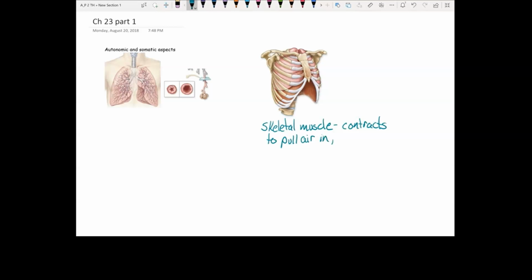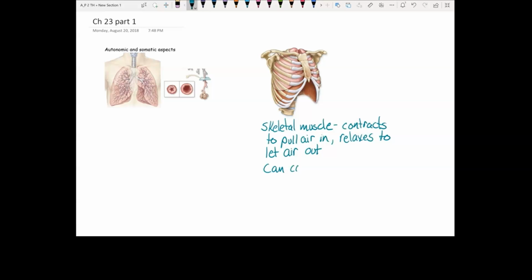And then it relaxes to let the air out. This you can consciously control.